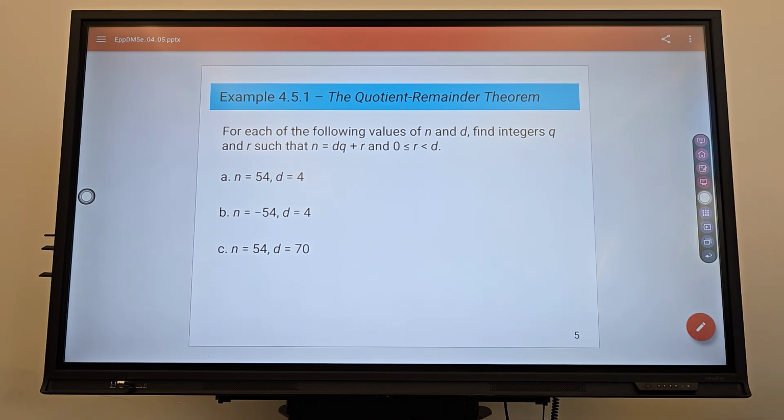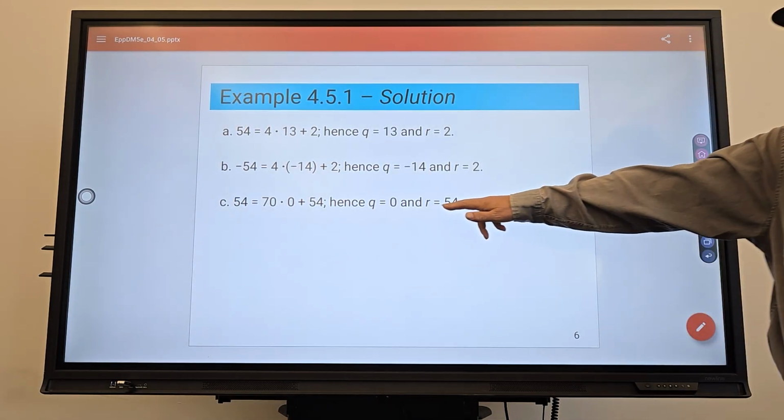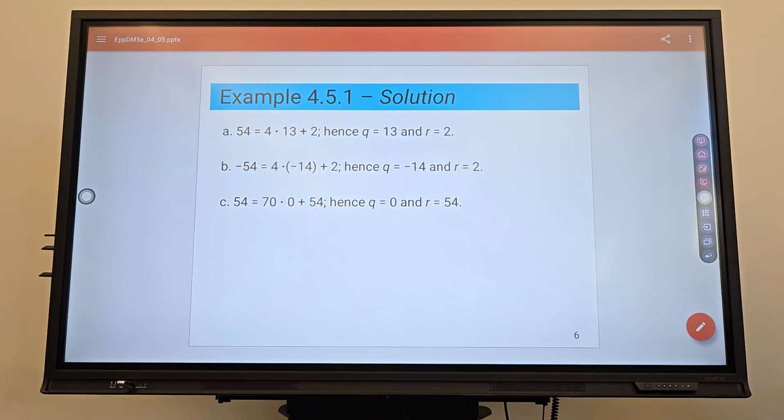For c, because d is greater than n? I think that's right. Yeah, q is 0 and r is 54.